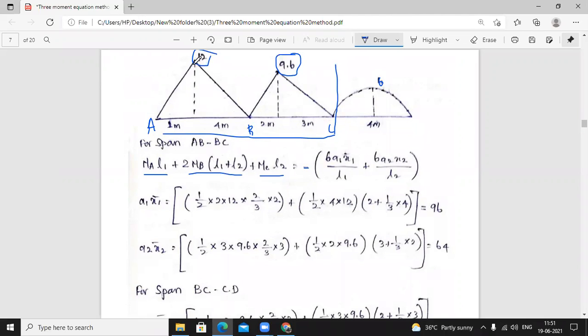Since it is unsymmetrical, I divided the triangle into two parts. This is part number 1 for the first span. This is part number 2. Now calculate the area of part number 1, half into b into h. What is b? 2 meter. h is 12.